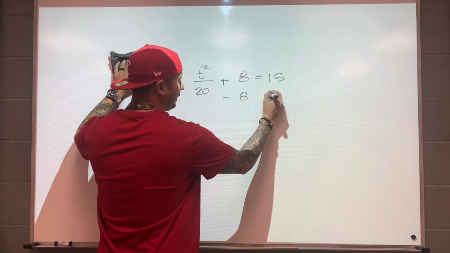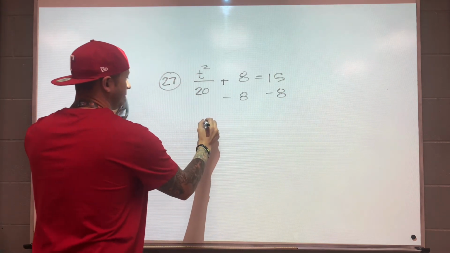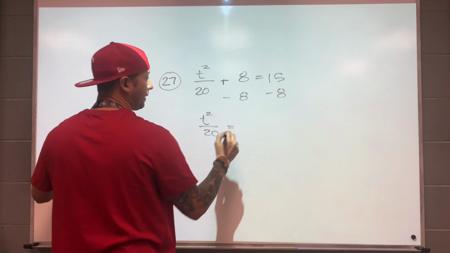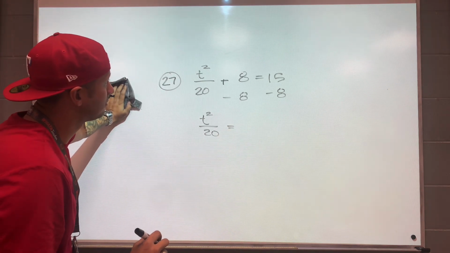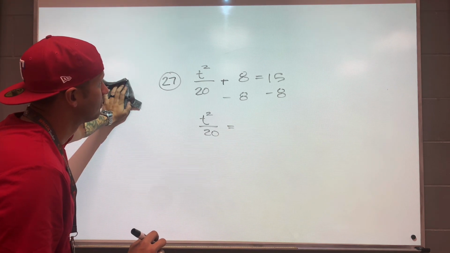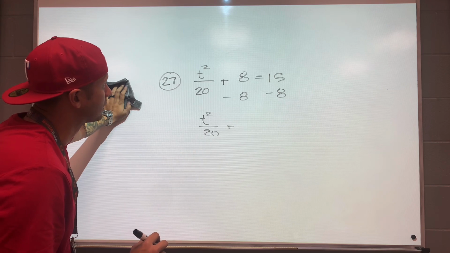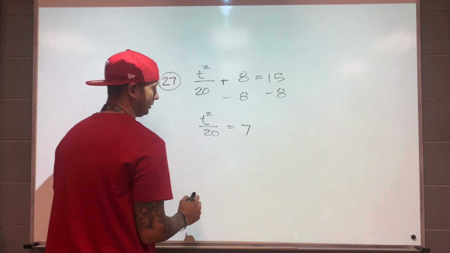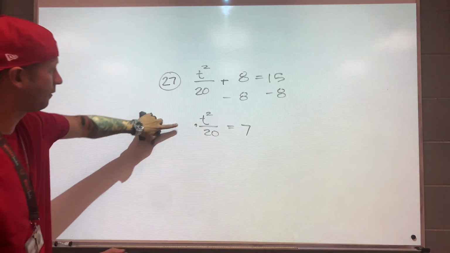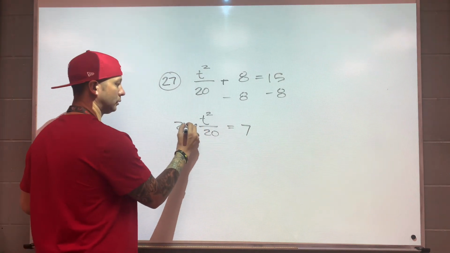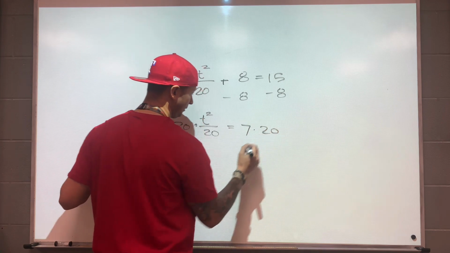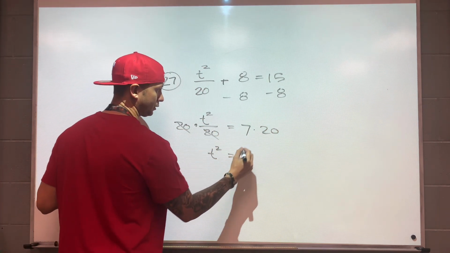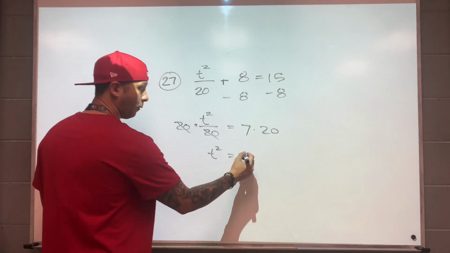Subtract 8 from both sides. 15 minus 8 is going to be 7. Again, clearing the fraction, I'm going to multiply everything by 20, both sides. So t squared is equal to 140.